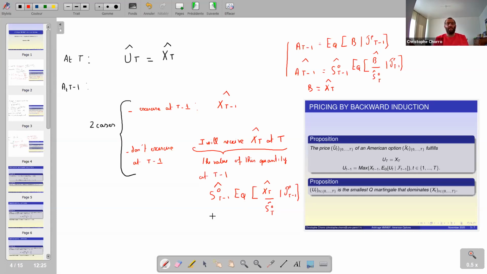So I have this. It means that at time T minus 1, if I exercise, I obtain this. If I don't exercise, I have something that has this value at time T minus 1. That will be the possibility to exercise at capital T.